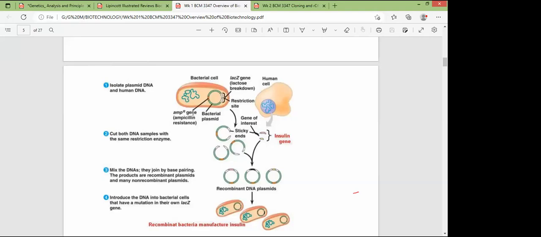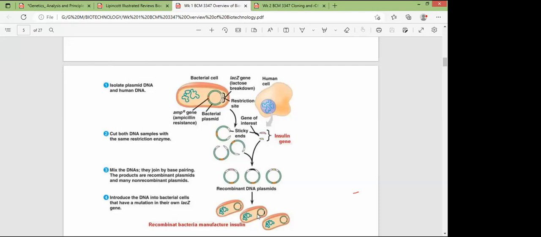So we go to our beta cells and we isolate that DNA sequence or that gene for making insulin. And once we isolate it, we bring that gene and we insert it here, as you've seen. We insert it, and then here it is back in the bacteria.